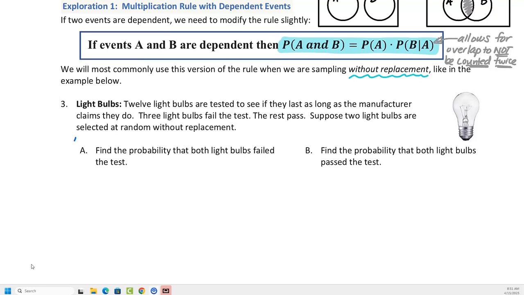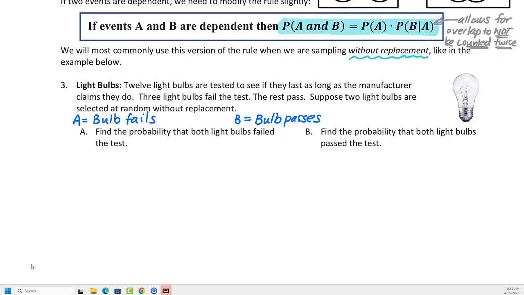I'm going to let A be equal to the bulb fails, and B be equal to the bulb passes. Find the probability that both bulbs failed the test. So I want to find the probability of A1 occurring and A2 occurring.